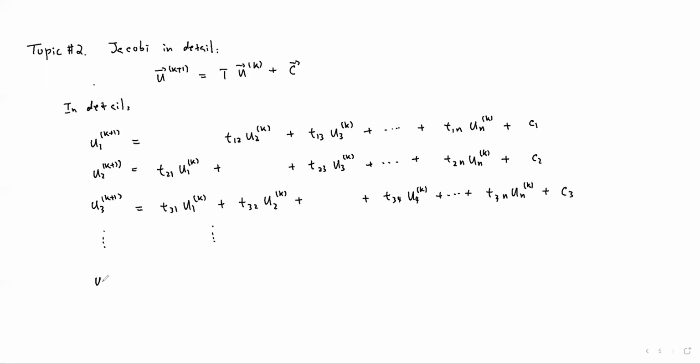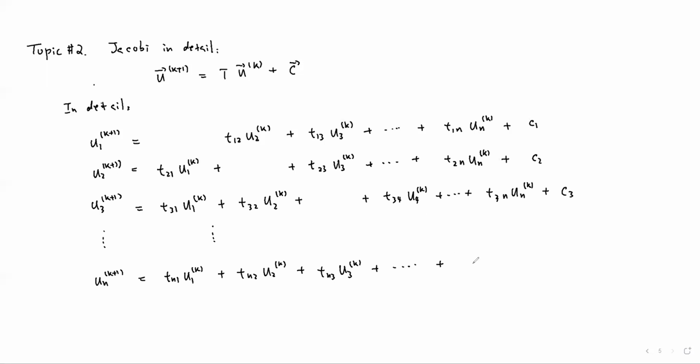The last equation is UN, K plus 1, TN1, U1, K, TN3 times U3, K. The last term shouldn't be UN because UN is on the left side.